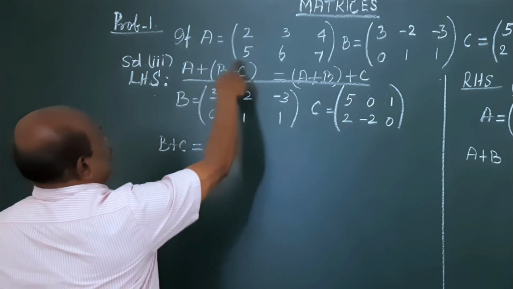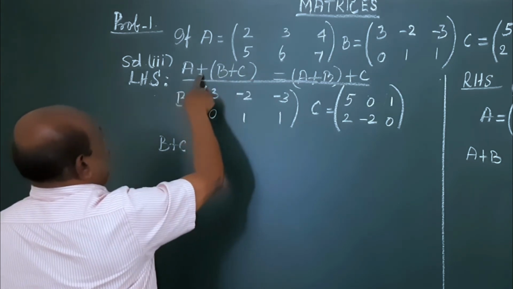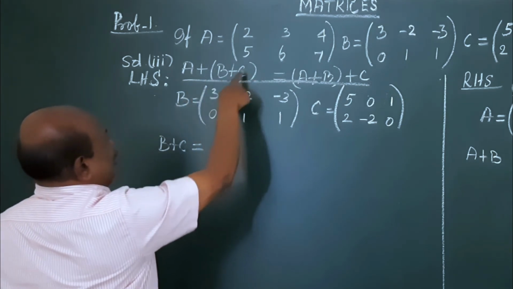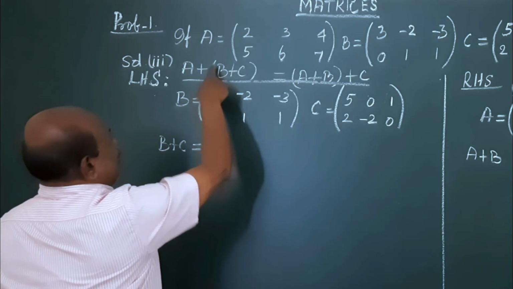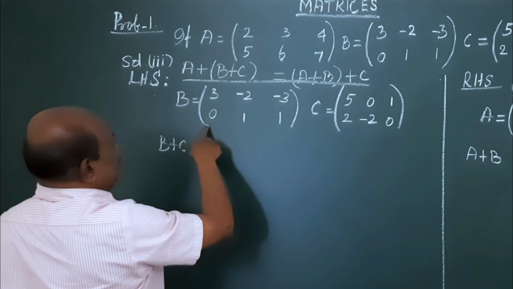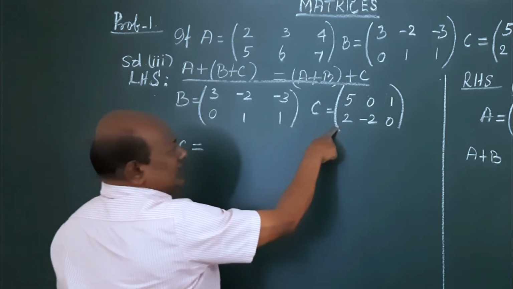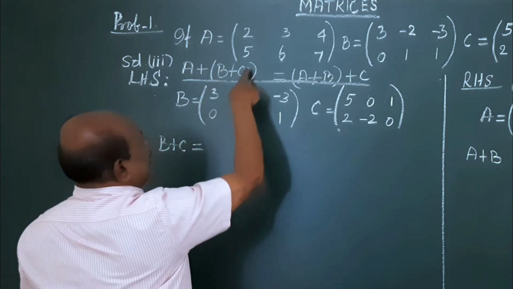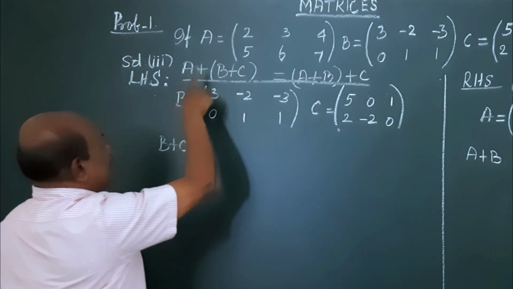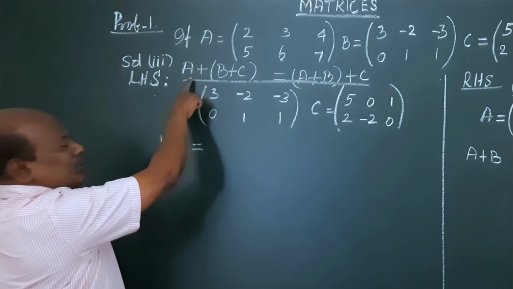First we have to find the value of A plus (B plus C). Here first thing we have to find the value within the bracket, that is B matrix added with the C matrix. This is the B matrix, this is the C matrix. Now first we have to find the value of B plus C, then added with A. That is the usual procedure.